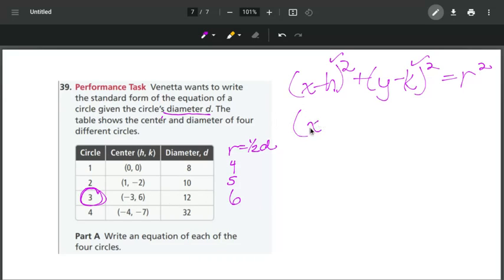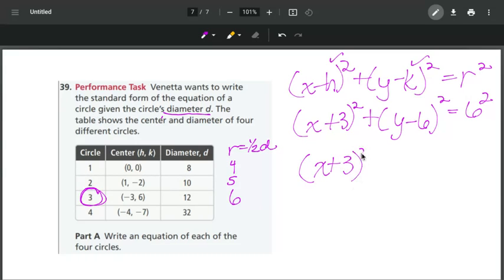It would be x plus 3 squared plus y minus 6 squared equals 6 squared, which is 36. So then simplify everything. x plus 3 squared plus y minus 6 squared equals 36. And you can leave it in this form. You don't have to multiply anything out. You are done.